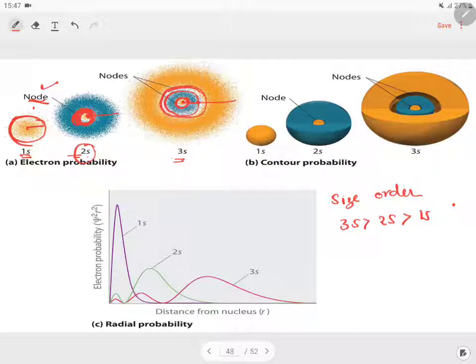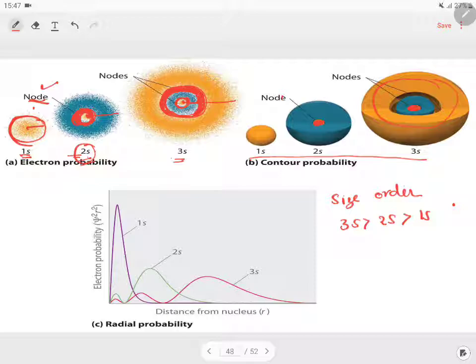Therefore, for a 3s orbital, there are two nodes. For 2s orbital, there is only one node. For 1s, there is no node. Again, you can see this diagram also. For 1s, 2s, whatever color is represented here, this represents the node. Similarly, for 3s orbital, here there is a node. Again, here also there is a node.